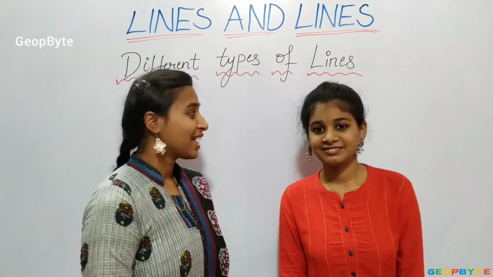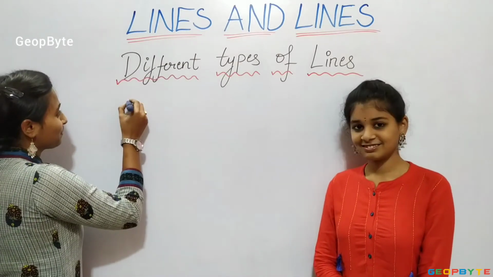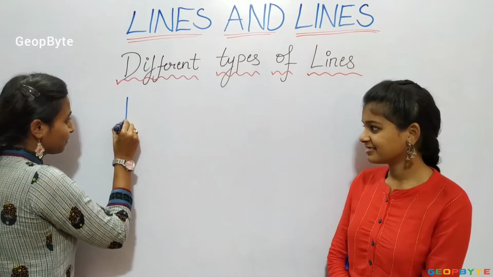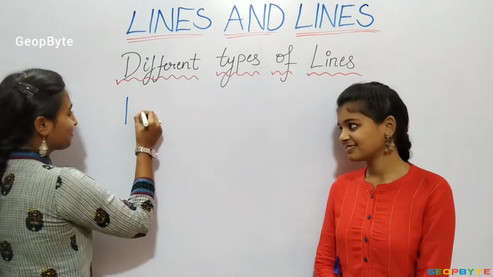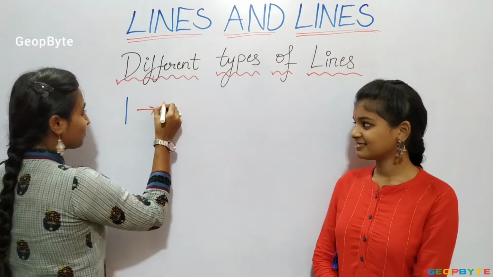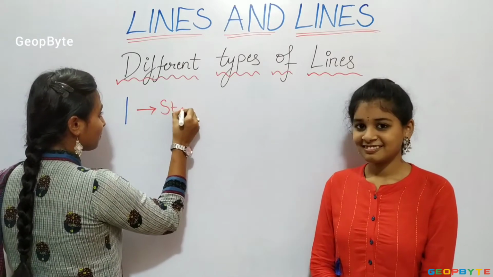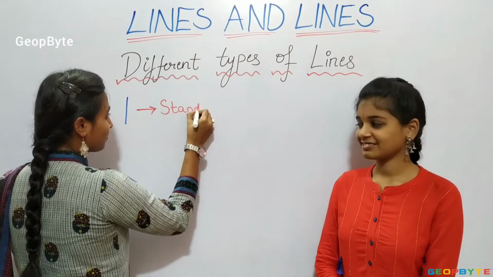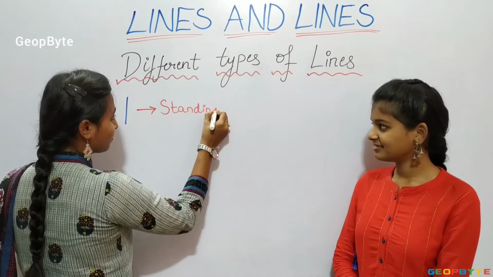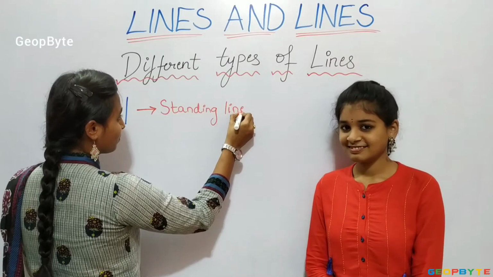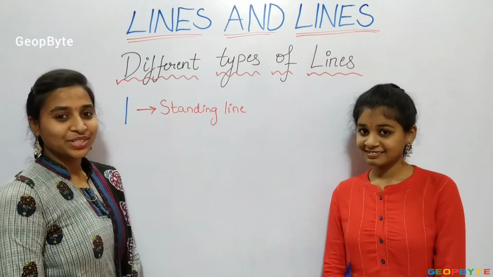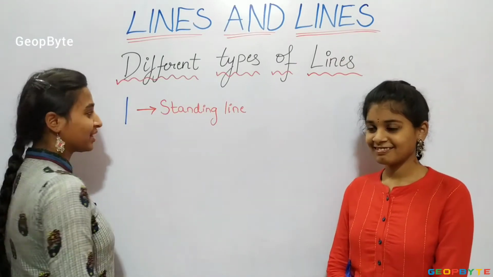Hey kids, see here. This is a standing line, or it is also called a vertical line.